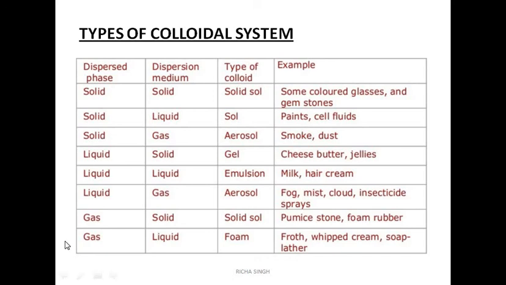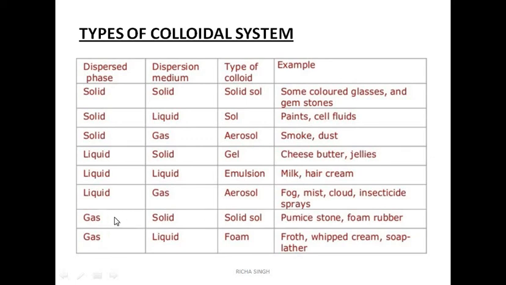When a liquid is getting mixed in a solid, then it is forming a gel, like cheese, butter, jellies. When both dispersed phase and dispersed medium are liquid, then it is emulsion, like milk, hair cream. So these things are known as emulsions. When liquid is getting mixed in a gas, again it is an aerosol. For example, fog, mist, clouds, spray, these all are the examples.